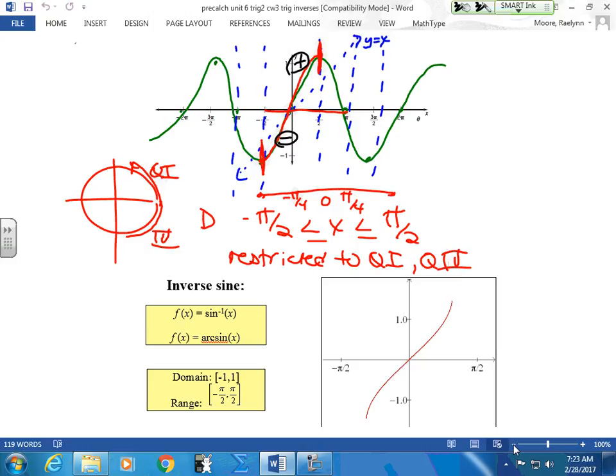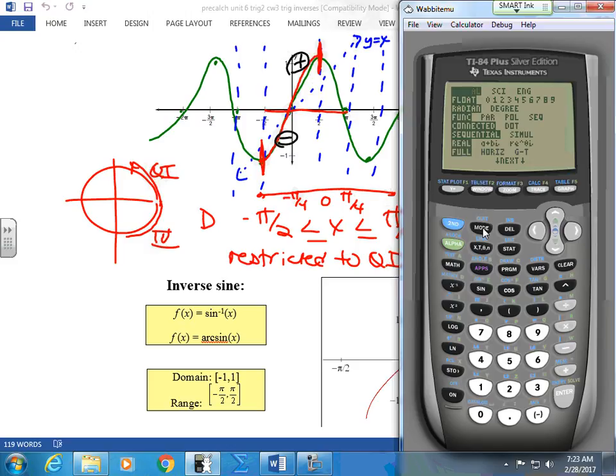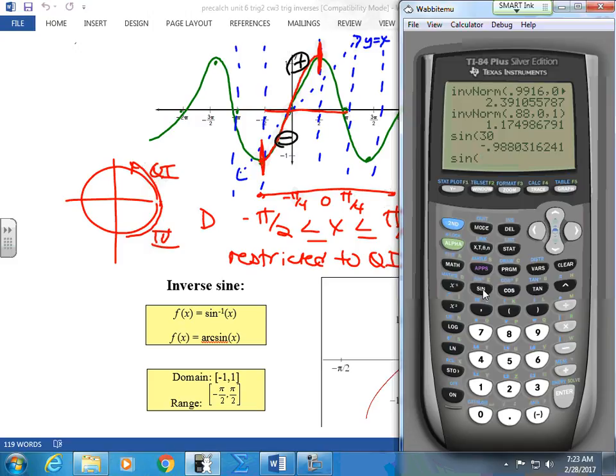Now, I'm going to pull up my calculator just in case you don't have a calculator handy. If I take the sine of 30, hopefully I'm in degrees. No. If I take the sine of 30, it's positive. Agree? I hit clear.